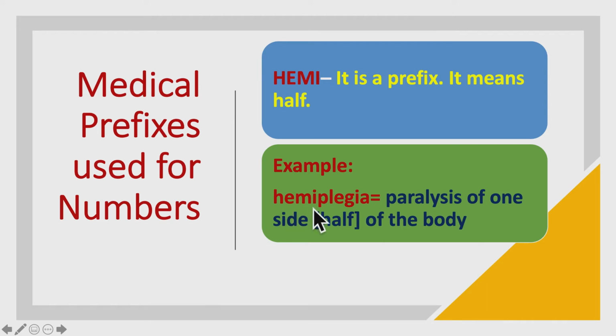Hemi is the prefix and plegia relates to a type of medical category. So hemiplegia means paralysis of one side, or half, of the body. Wherever you find hemi attached to a root word, it means half. We will have more examples in this context in the next lesson.